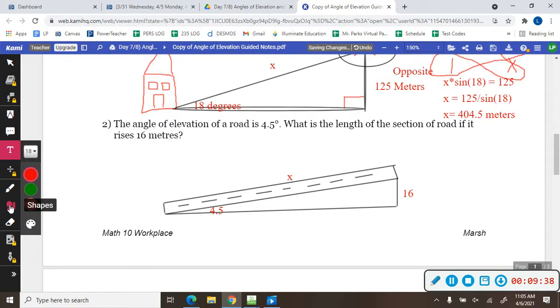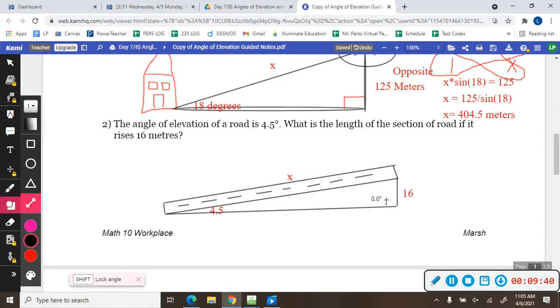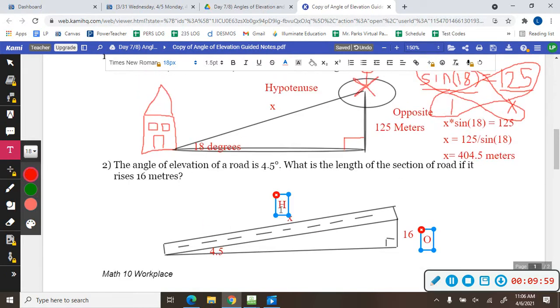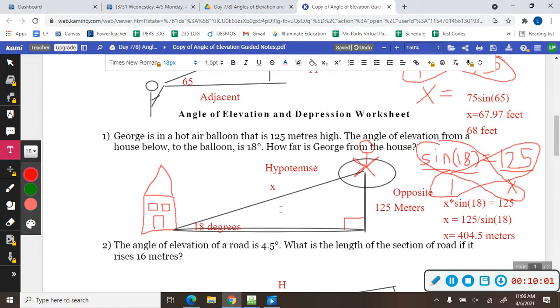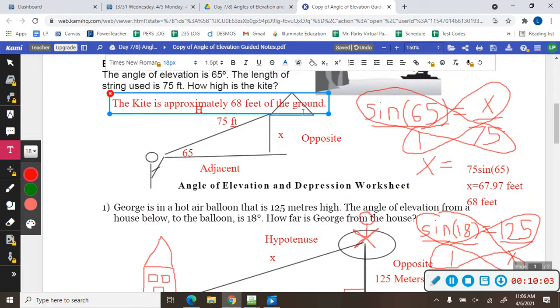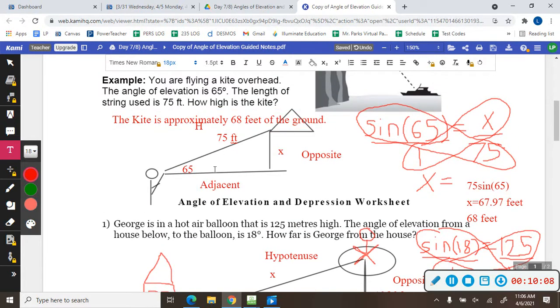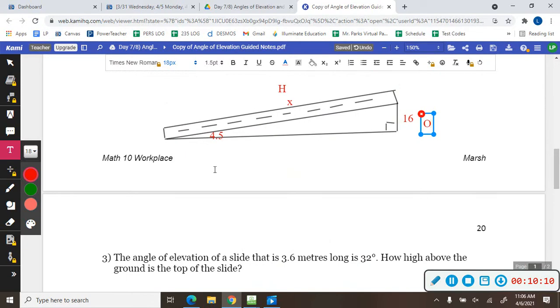This is a right triangle. Here's my angle, x would be my hypotenuse, 16 would be my opposite. And then I would solve that. Which one uses opposite and hypotenuse? Every single one of these has been sine. Opposite hypotenuse, opposite hypotenuse. This one is another one, opposite hypotenuse.